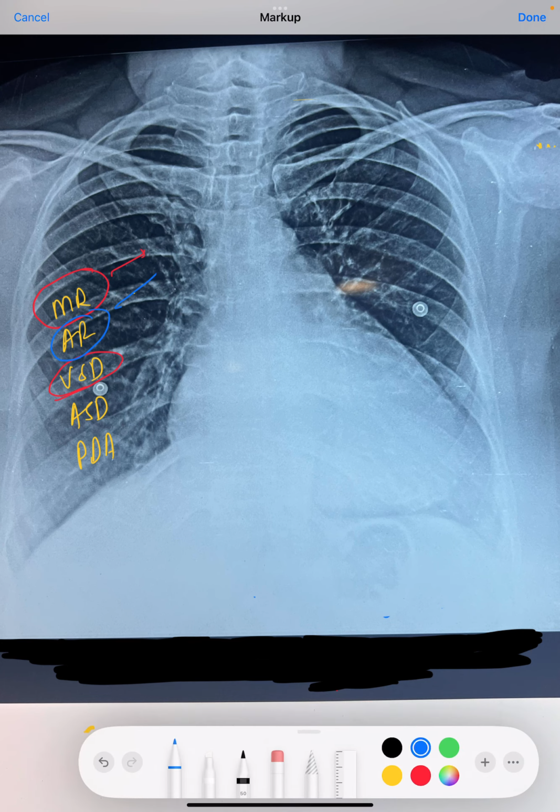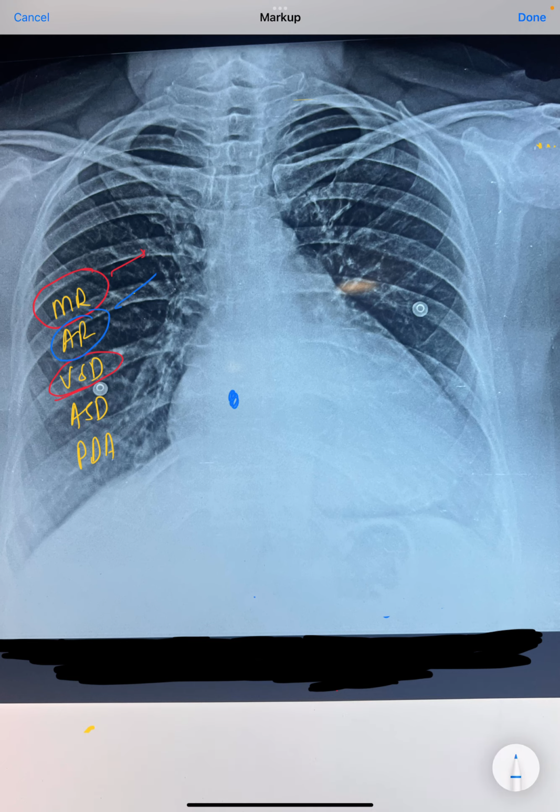Regarding VSD, the VSD murmur is best heard at the fourth, fifth intercostal space, and that too in the parasternal region, because we know that the RV and LV are segregated by the ventricular septum around the sternum.